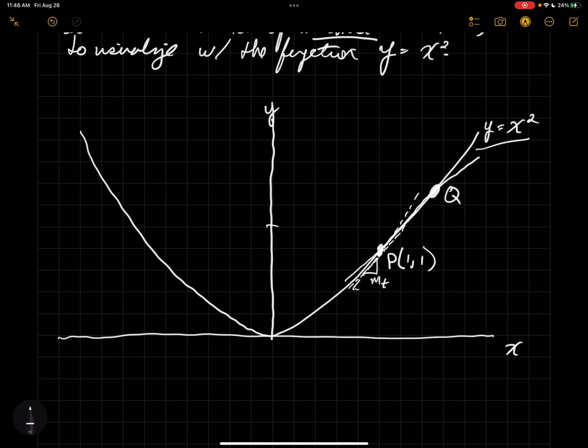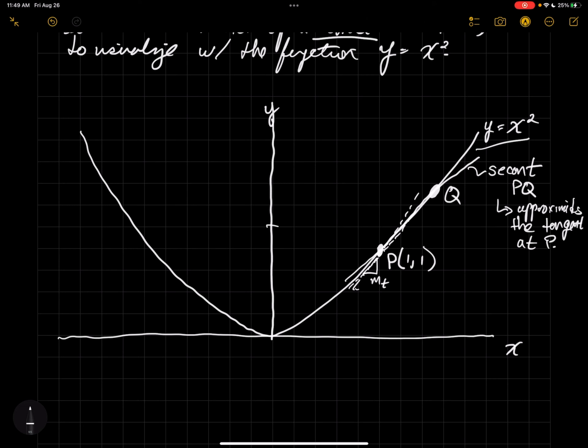And so we have the secant, which is line PQ. And we're going to suppose for a moment that this approximates the tangent at P. Okay, so now I've got 2 points on the curve.